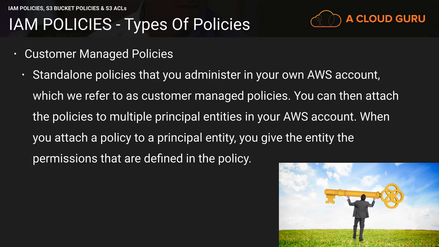And you can then attach the policies to multiple principal entities in your account, so to multiple users, multiple groups, multiple roles, etc. And once you attach it to the principal entity, you're giving them the permissions that are defined within that policy. Now, you can cut and paste policies and use them across multiple AWS accounts, but the actual policy itself, in terms of IAM, will exist in that AWS account, and you could only use it within that AWS account. It's not like an AWS managed policy that's used across multiple accounts, so do bear that in mind.